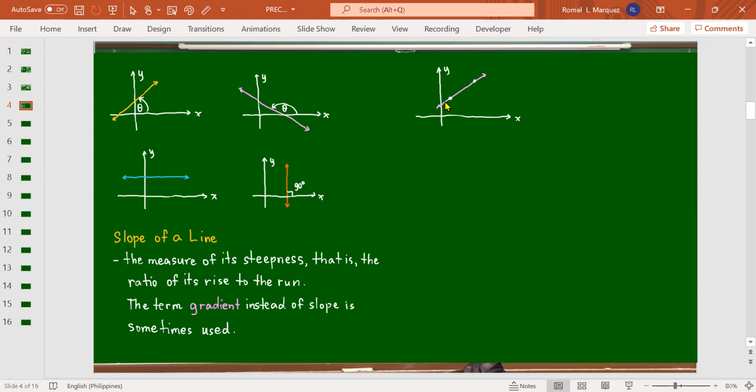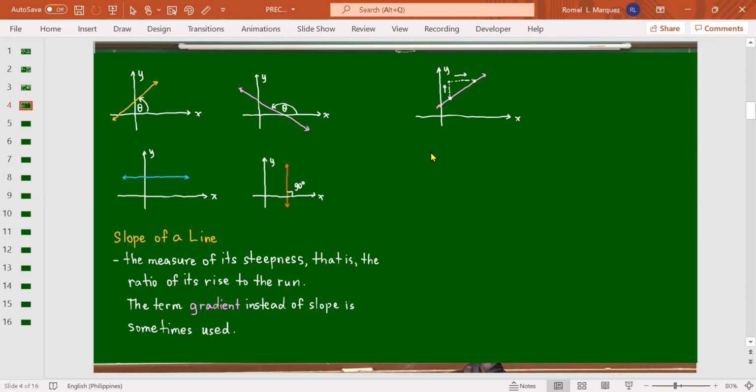I can start measuring from this point going in the upward direction. We call this rise, and then run, going to this point. So this is rise, and this is my run.